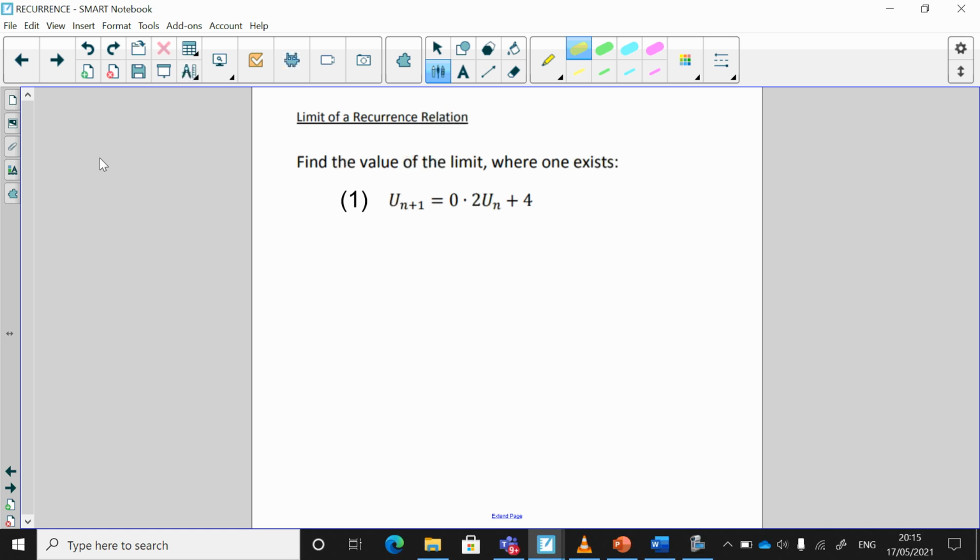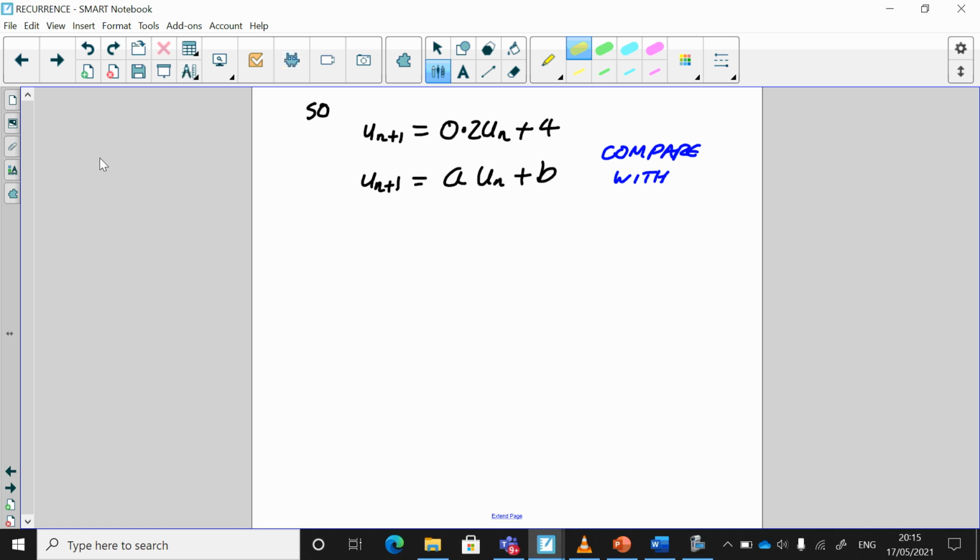let's go and get the value of the limit if it exists. So we're comparing that there with that general format there. A is a number I'm interested in here. If a limit exists, that's what I'm interested in, A, its value.